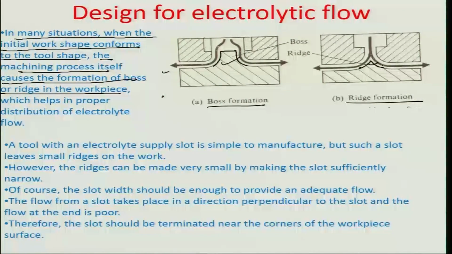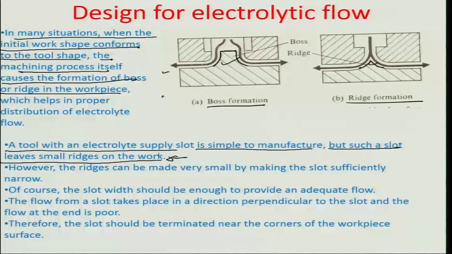So a tool with an electrolyte supply slot is very simple to manufacture, but again the design has a constraint that such a slot may leave small ridges on the workpiece, which is not desirable. We don't really want a ridging or a bossing of the workpiece because of the electrolyte flow or the electrochemical machining process. The whole idea is to make the machining happen as flat as possible.